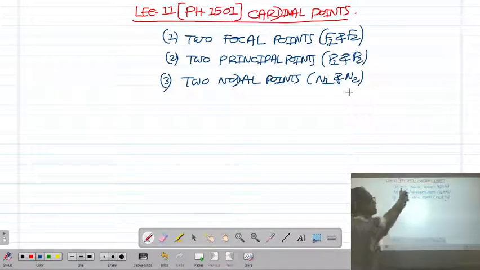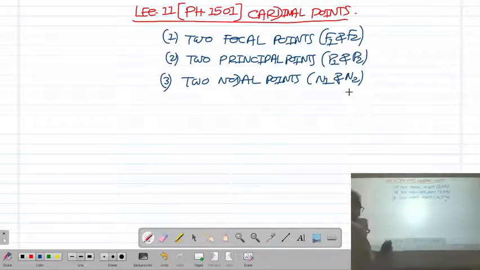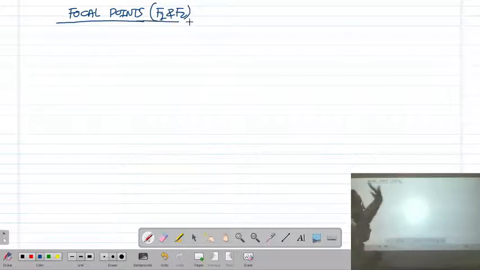But before that, I will give a quick recap of the main features of focal points and principal points. So I quickly repeat focal points and principal points.